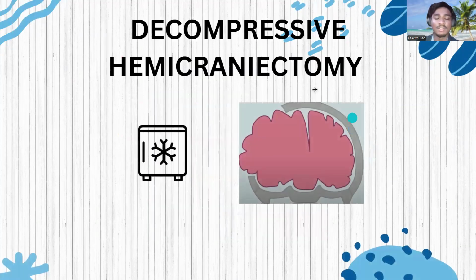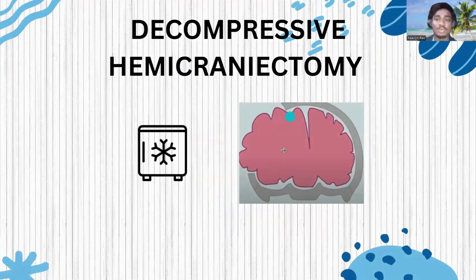This is how they treat it: by opening the skull part of the brain and giving it space to get inflamed. This will allow the brain to swell and not go down through the foramen magnum, which would cause even more damage.